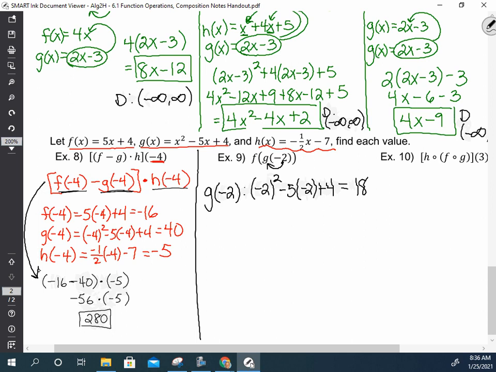So g of -2 is 18. So this actually now becomes f of 18. Now you take 18 and plug it into the f function. Five times 18 plus 4. 94.